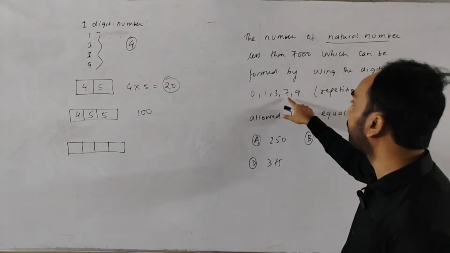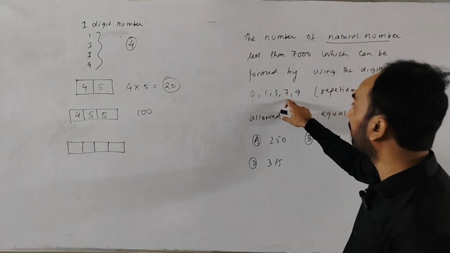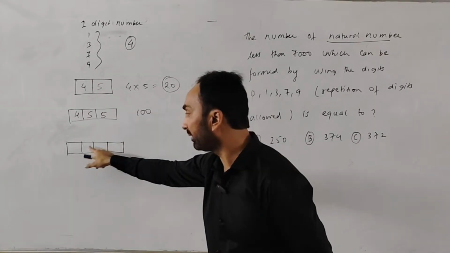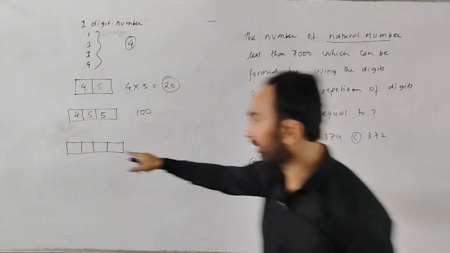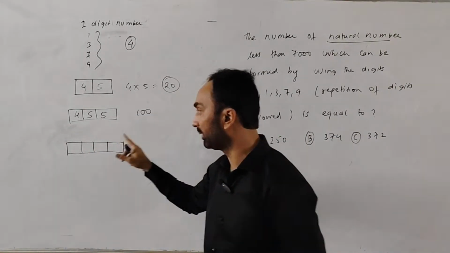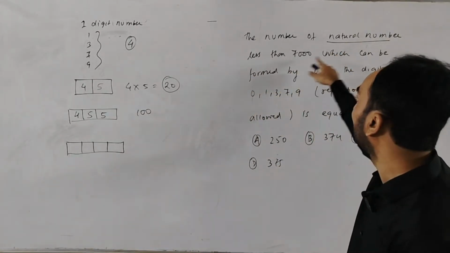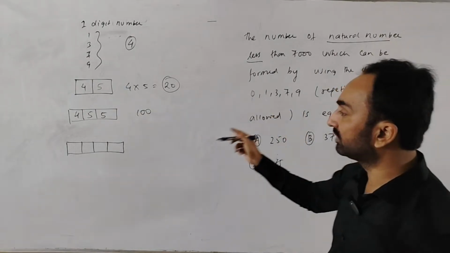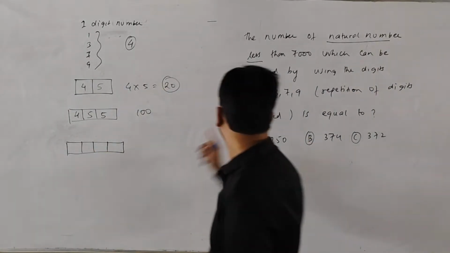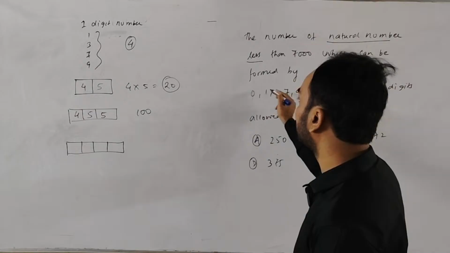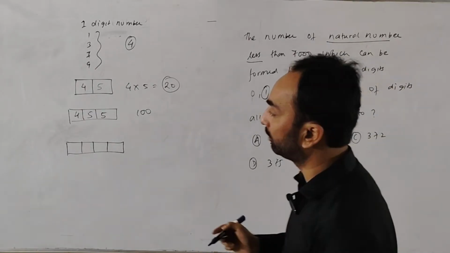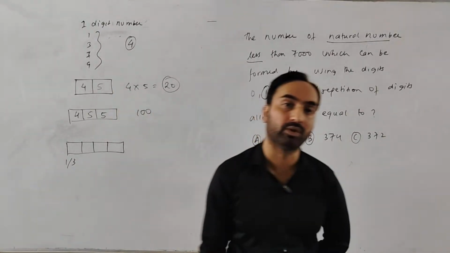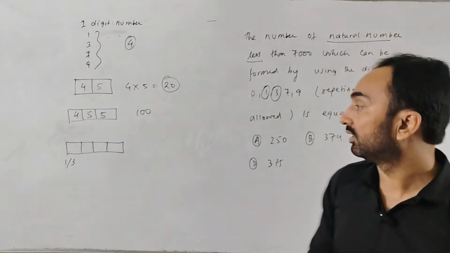So I cannot put 7 either, because then the number would reach 7,000 or more. So 0 and 7 obviously I cannot put at the first place, and 9 also I cannot put. So how many options are available in the first place? Only 1 and 3.